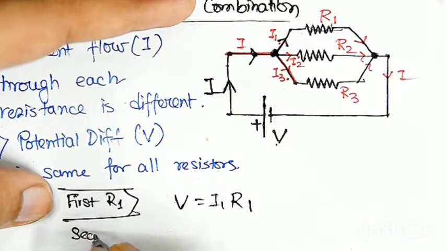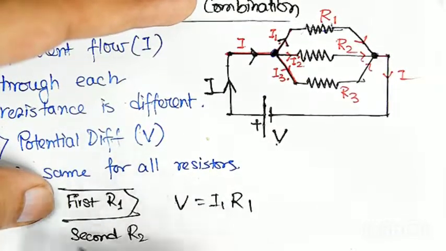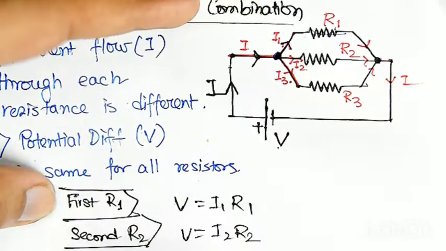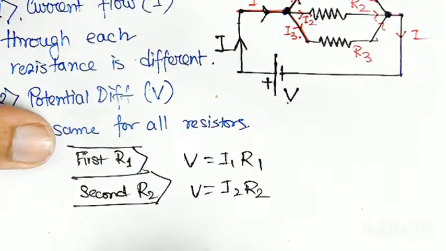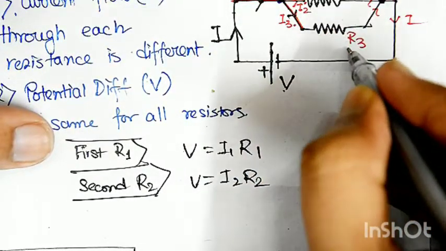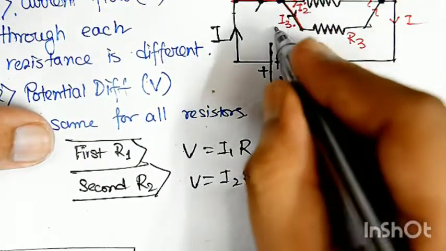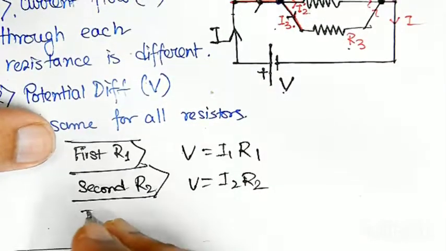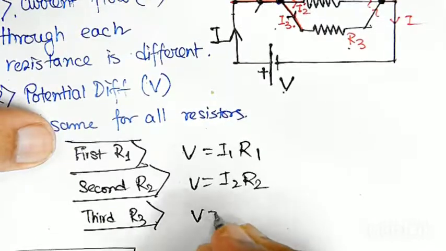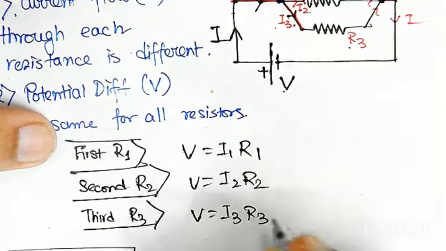For the second resistance R2, V equals I2 R2. And for the third resistance R3, current flow is I3 and resistance is R3. So for the third resistance, V equals I3 R3.